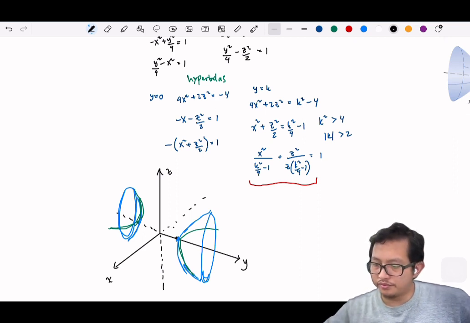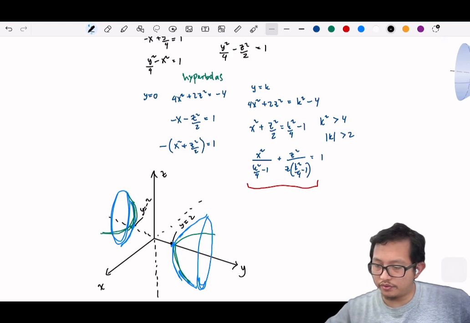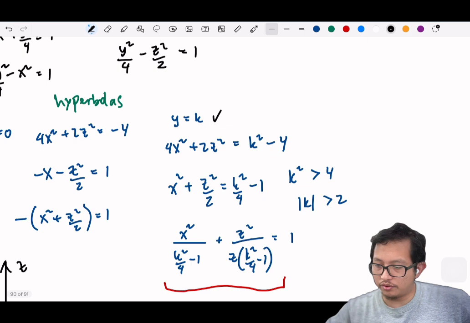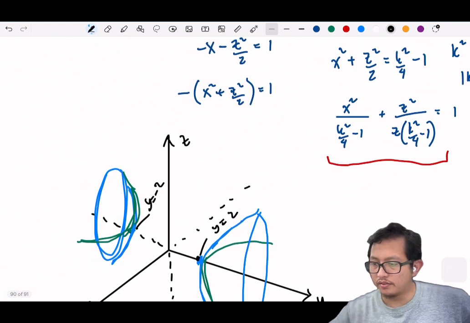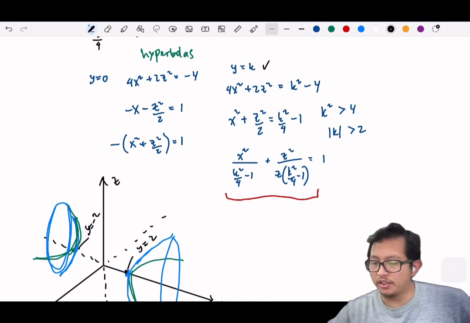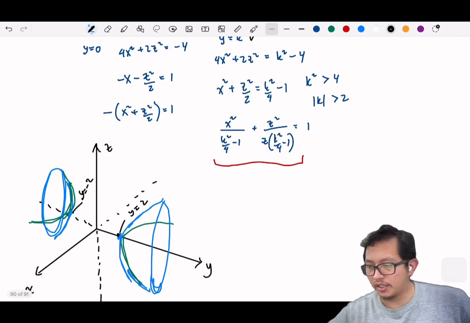And these two points: this is y equal 2, and this is negative 2. This is based on the k that we defined here. So k at least needs to be greater than 2, right? Because in the middle part, there is no surface that can be defined because of this k.